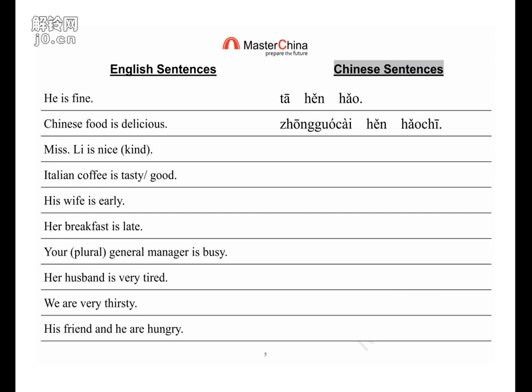So that's why we shouldn't translate "is". Is is a verb, and there is no action in your comment. So that's why there is no 是 in this translation. If you put the 是 here, you make a big mistake.